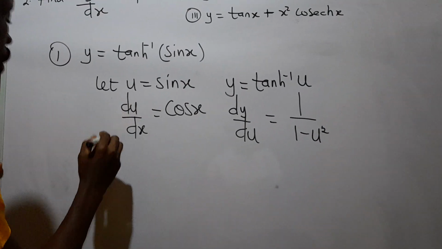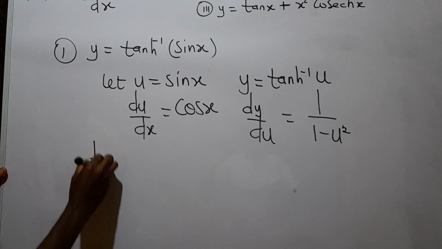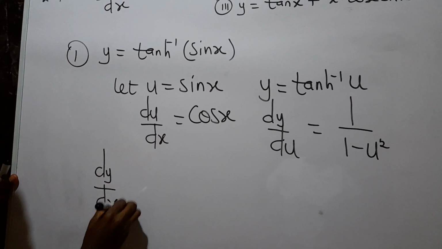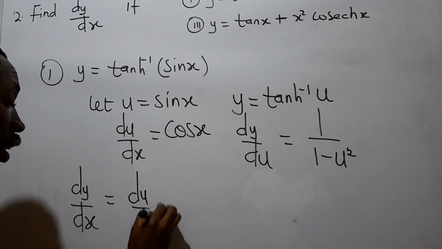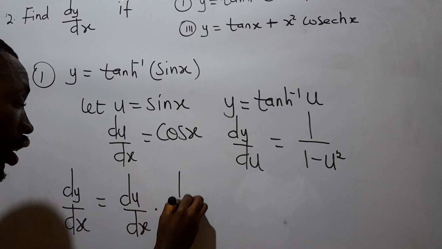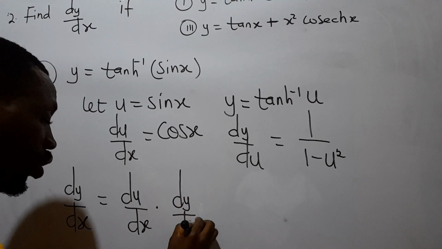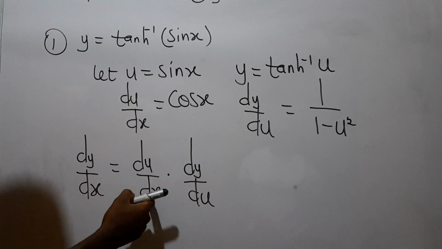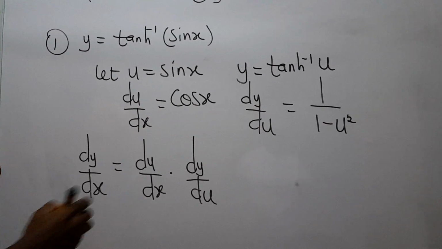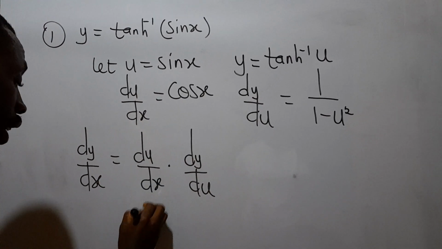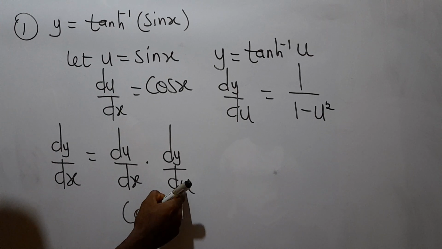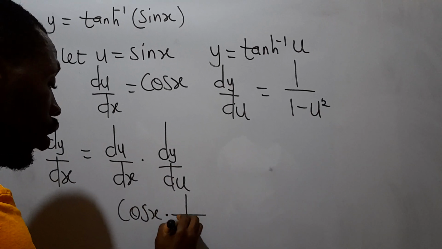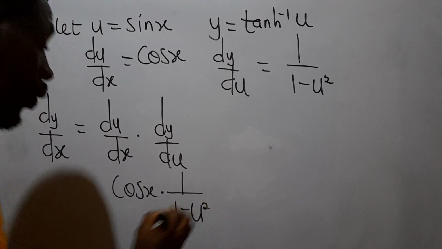So now, our dy over dx from the chain rule will be equal to du over dx times dy over du. So the du divided by du, we have dy over dx back. What's our du over dx? That's cos x. So we have cos x times our dy over du, which is 1 over 1 minus u squared.